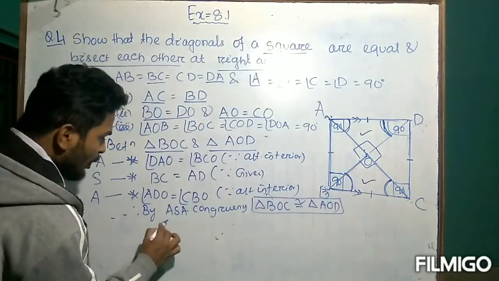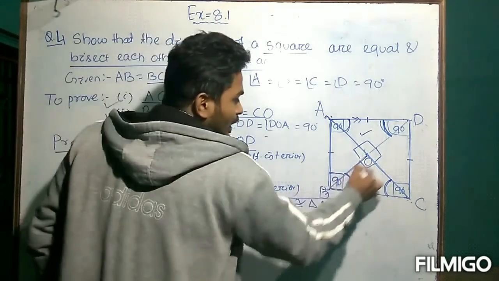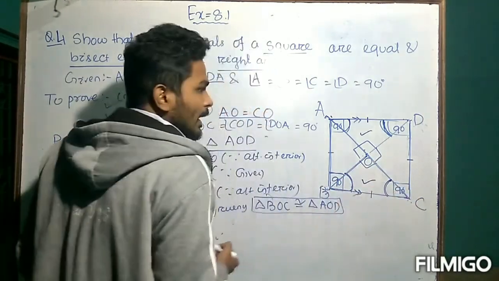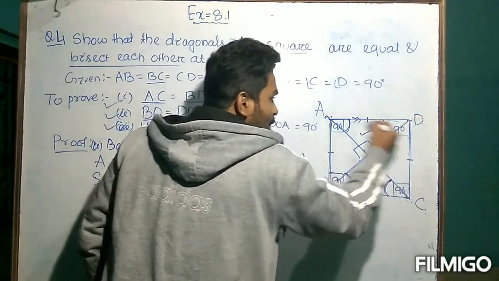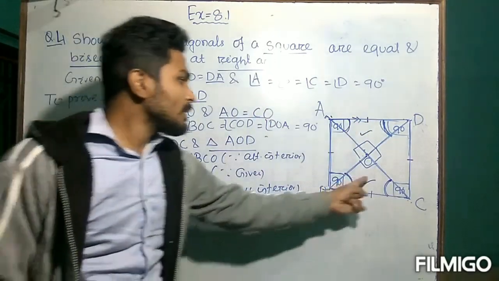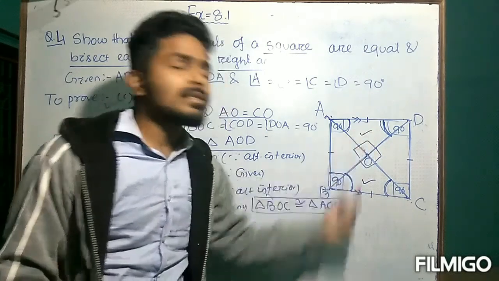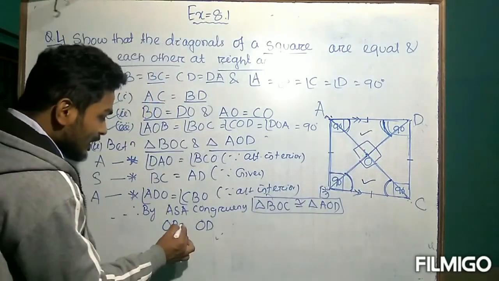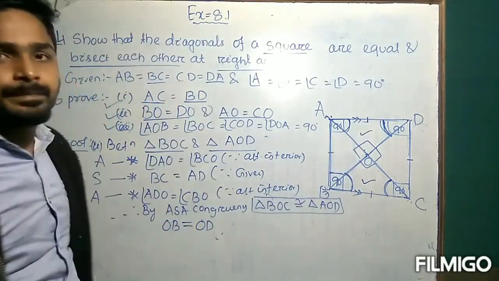OB is a part of which triangle? BOC, right? And OD is a part of which triangle? AOD. But we know this triangle BOC is congruent to this triangle AOD. So we can write their corresponding sides must be equal.